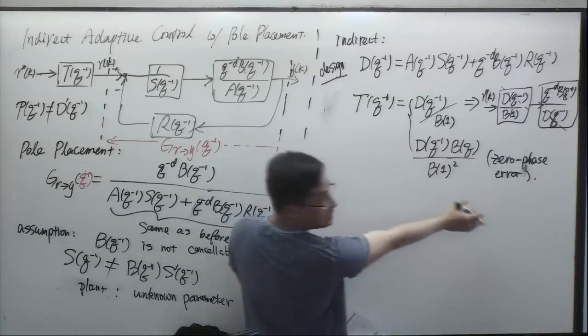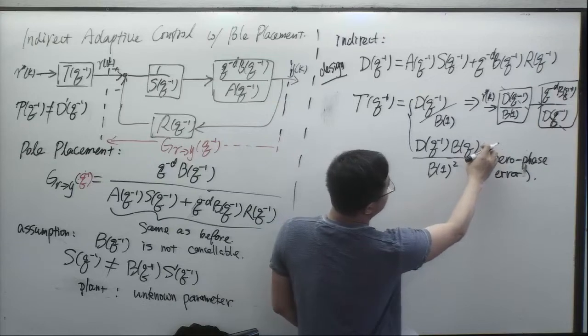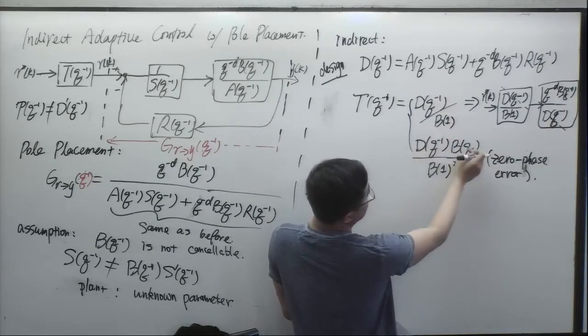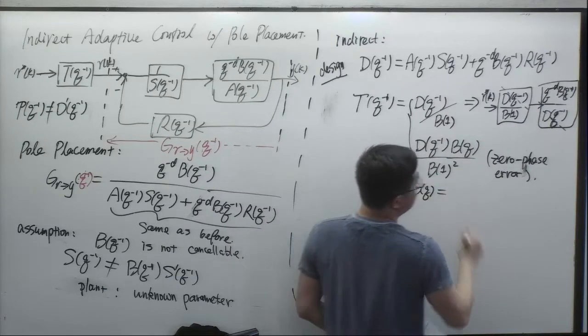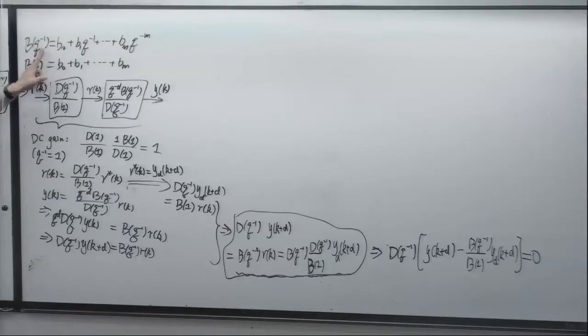So to illustrate this, let's work on this a little bit more. So my notations are, you can see this is the same as before, D Q inverse. And then this B Q is denoted as replace every Q inverse with Q in this polynomial.